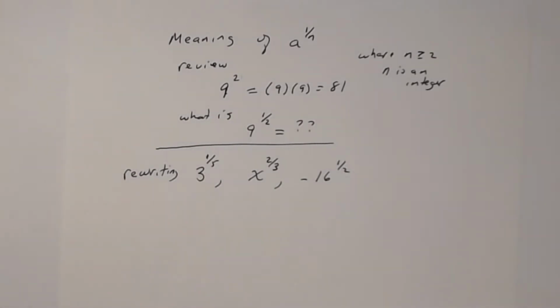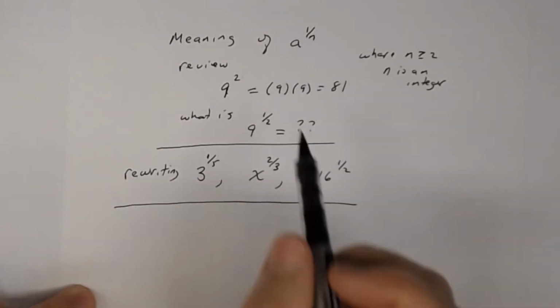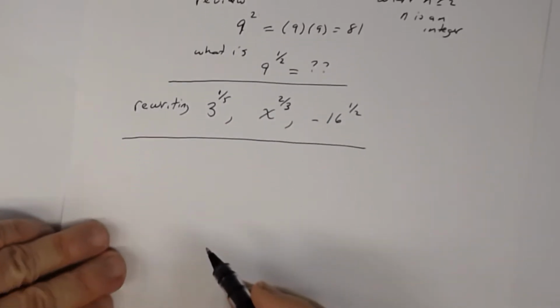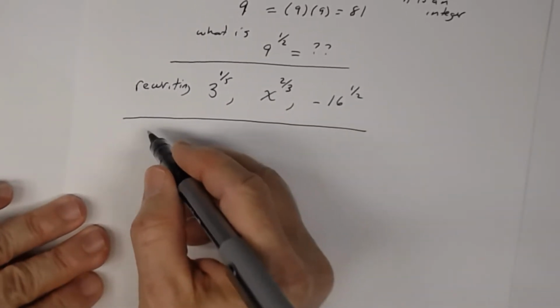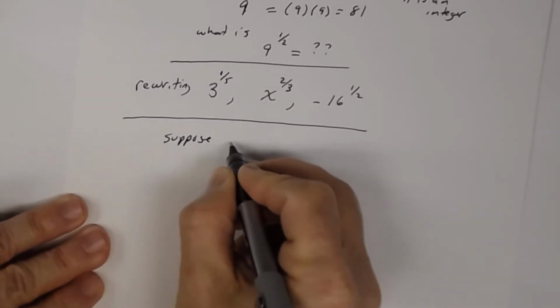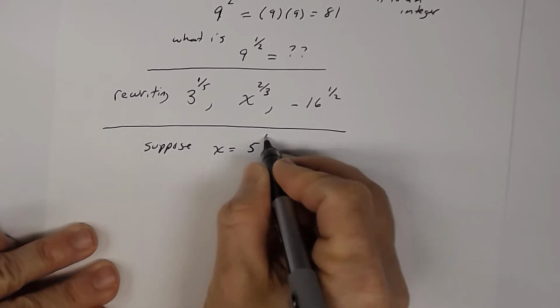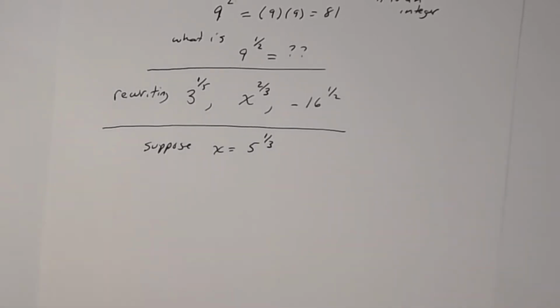Okay. All right. Now, before we really understand what this is, let's look at this concept. Suppose that x equals 5 to the 1/3 power. All right, suppose that x equals 5 to the 1/3 power.